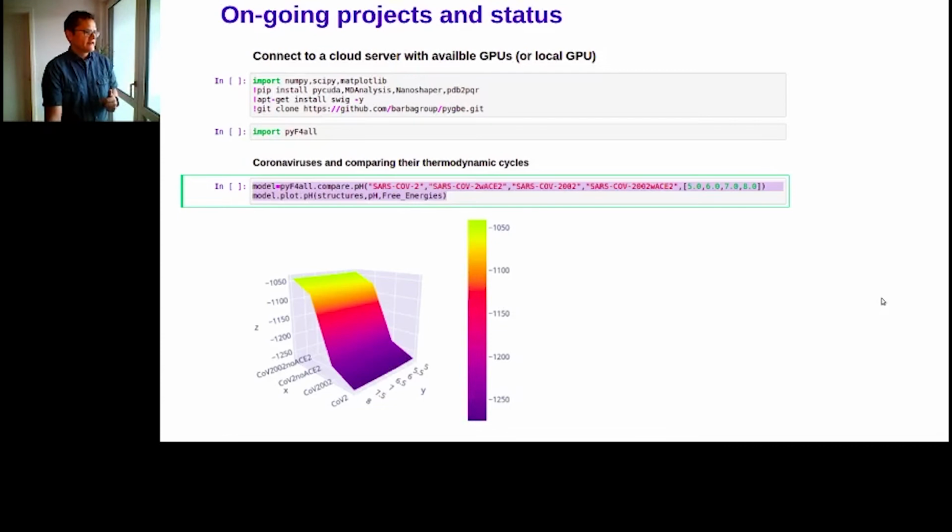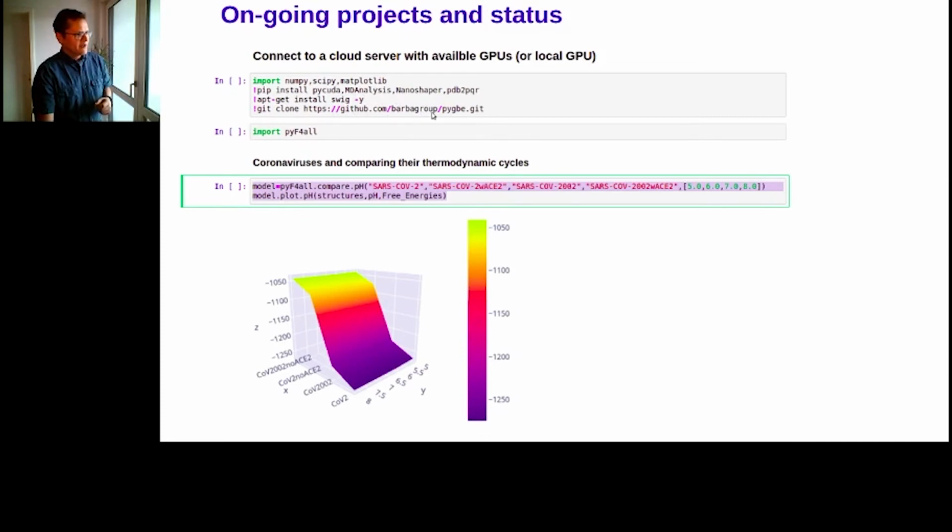So we first, for example, connect to a cloud server with an available GPU. Then we import NumPy, SciPy, Matplotlib as a basis. In this case, we are installing some other libraries that are not there, SWIG for using PICB.